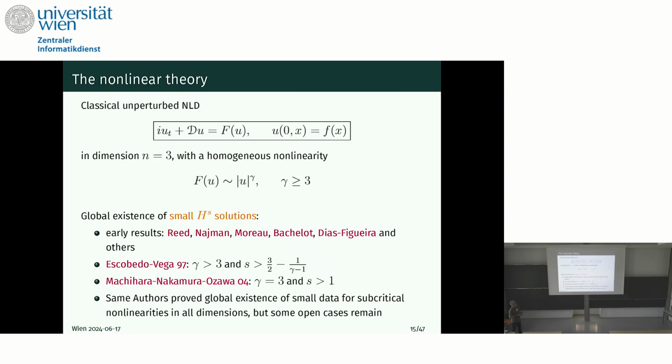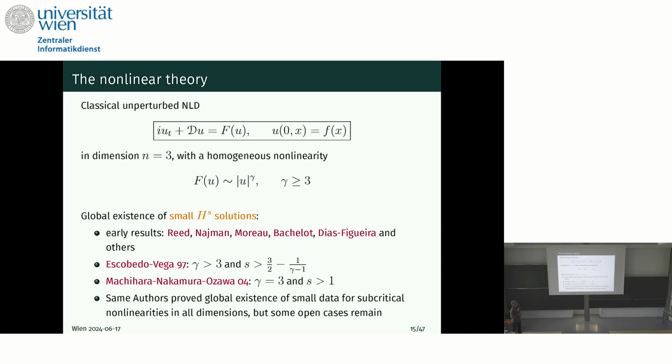I'm talking about dimension 2 or larger. Dimension 1 is typically easier, but in dimension 2 or larger, there is no result for large data because the problem is that the energy is not positive, so you don't have any control.